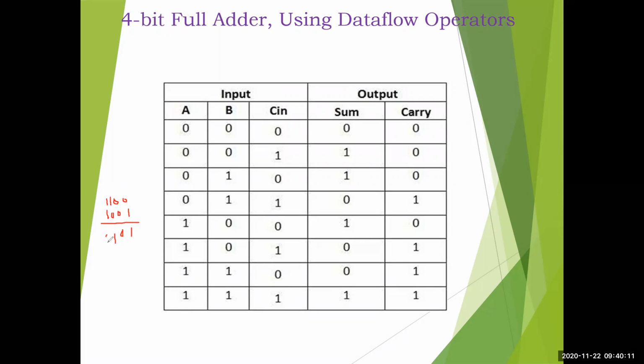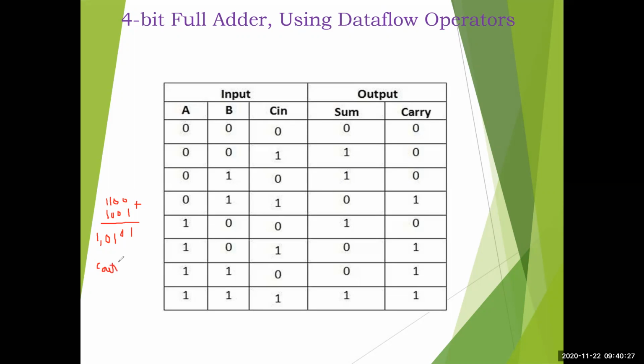We have taken 4-bit, and one more bit is coming, this is the carry out. Now to do the addition, I will use the plus operator here, and to do concatenation, C out and sum. C out is the last bit, right?